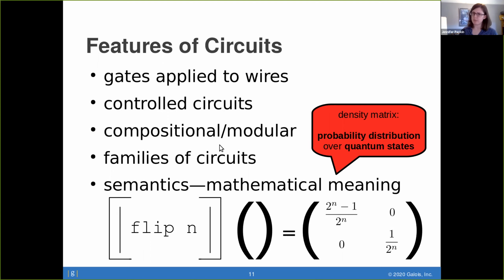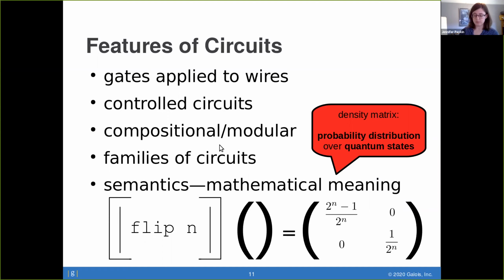There are other kinds of representations of semantics of quantum computations, but it's important that we have some kind of representation because that's what lets us describe what our programs do.